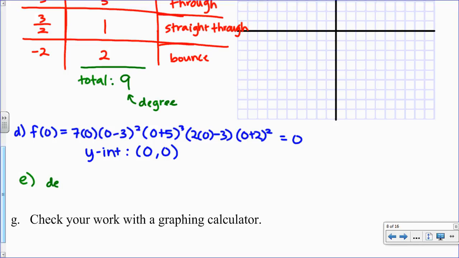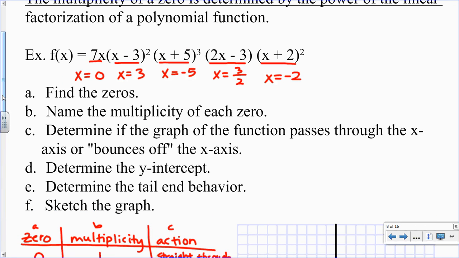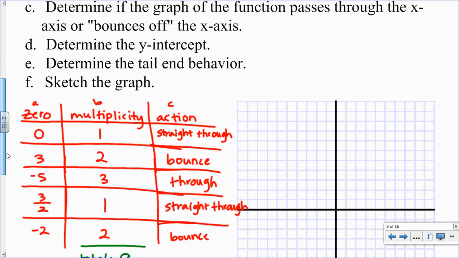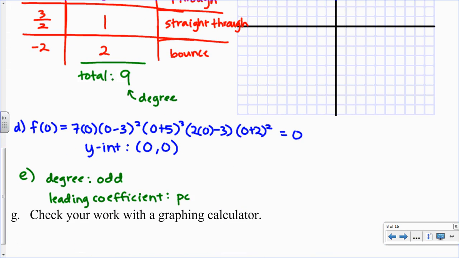Okay, so the degree is odd, and the leading coefficient, so the number out front, so what is the number out front? 7. And what I care about is whether it's positive or negative. So 7 is positive. Okay, so it's odd. So this follows the same end behavior as like a linear or a cubic.